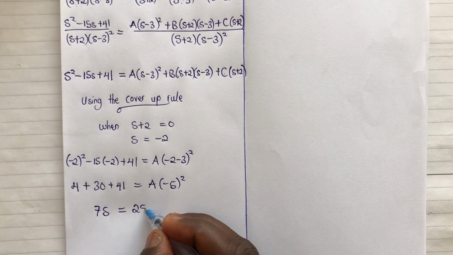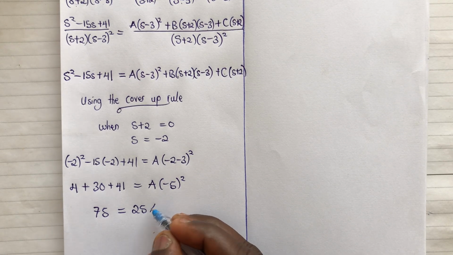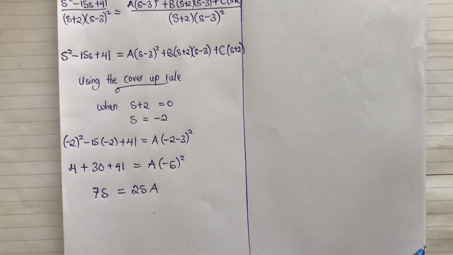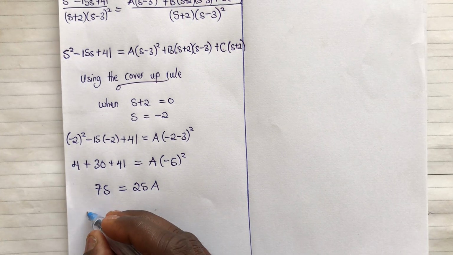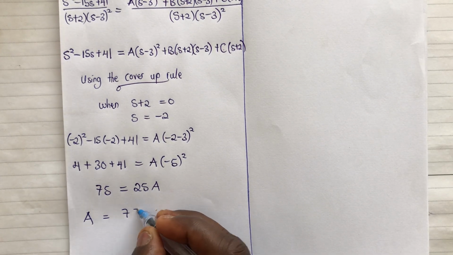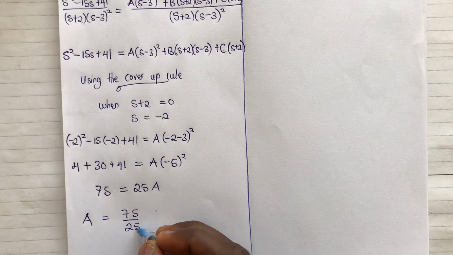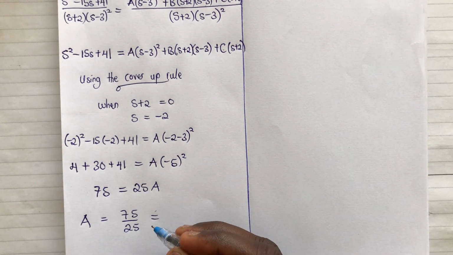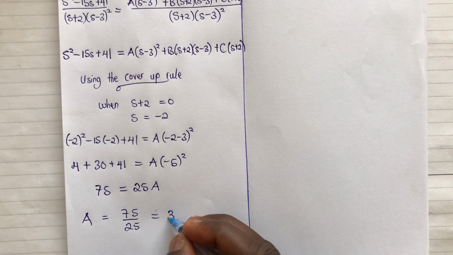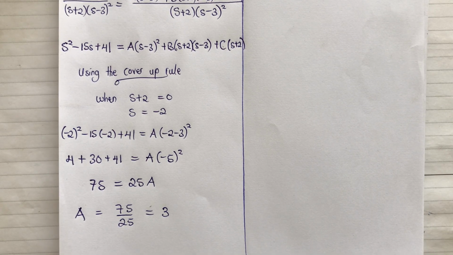We have 25 times what? A, so 25A. Now we can find A, so A equal to 75 divided by 25. So what is the value of A? This is 3. All right, so we have A to be equal to 3.